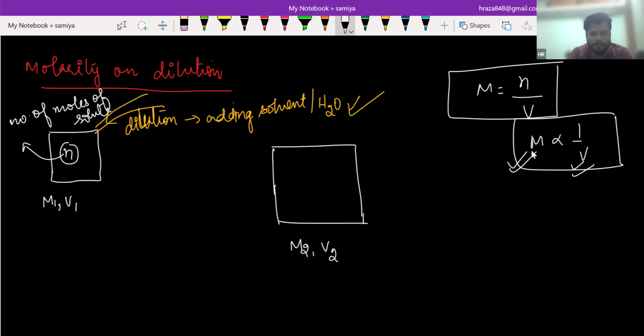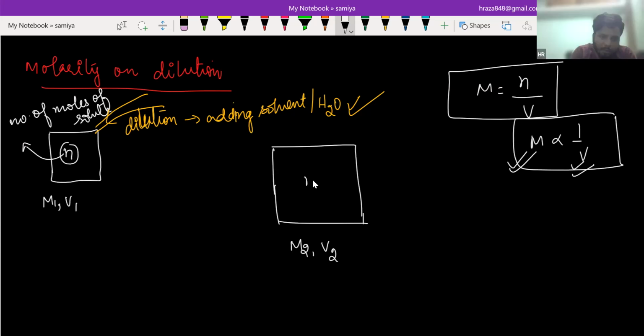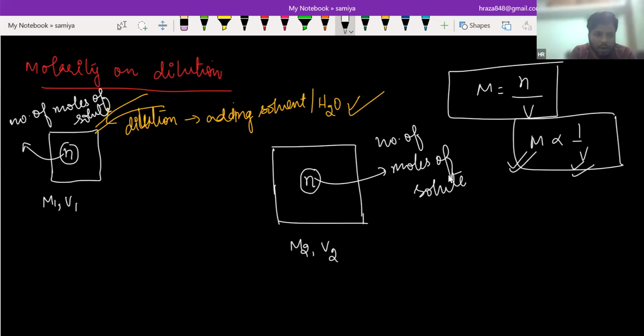Now see M2 and V2, but will the number of moles of solute change or not? No, because we add solvent, not solute. Initially solute is 2 moles, that means 2 moles will be present. Only the number of moles of solvent is increased on dilution.